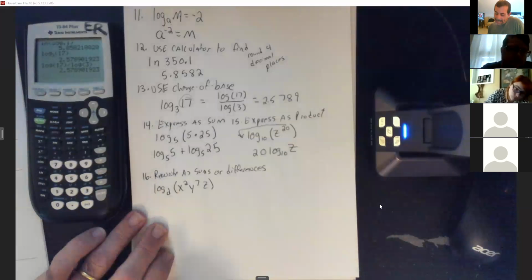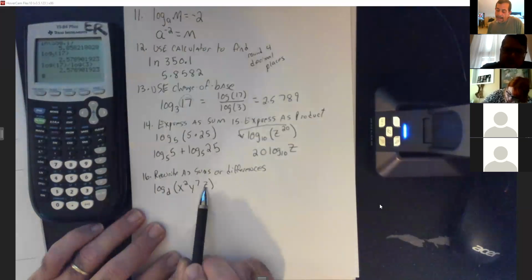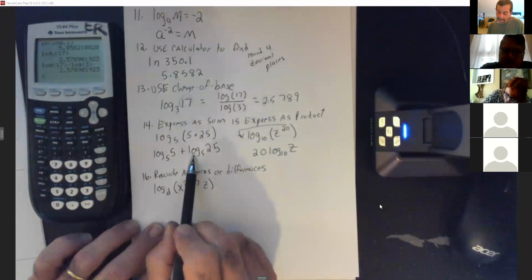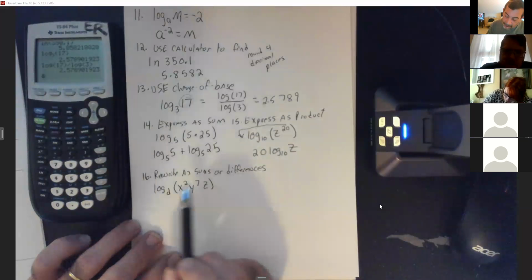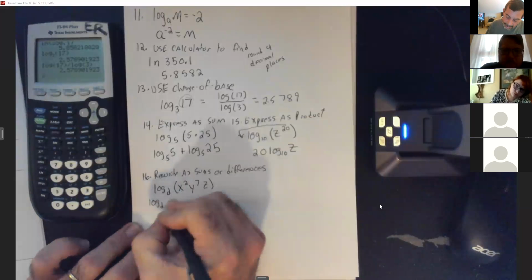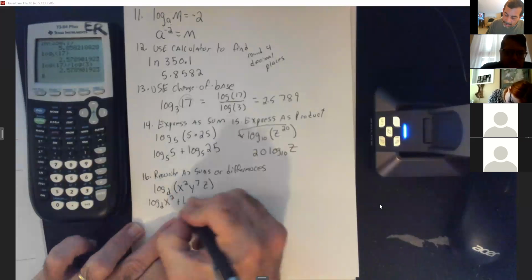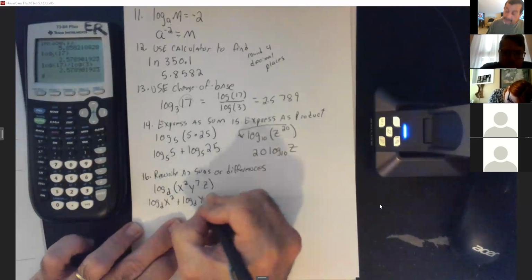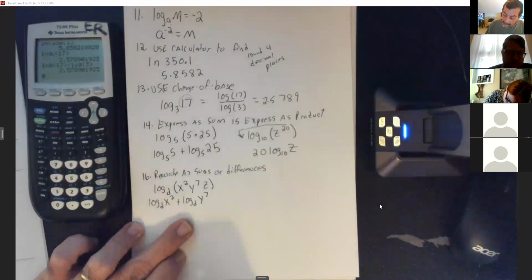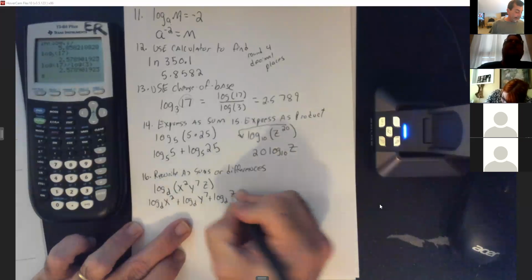Since these are being multiplied, we're going to write them as a sum. So we're going to distribute the log d to all 3 factors. So I get a log d of x squared plus my log d of y to the 7th plus my log d of z.